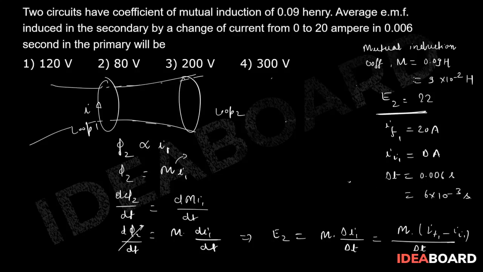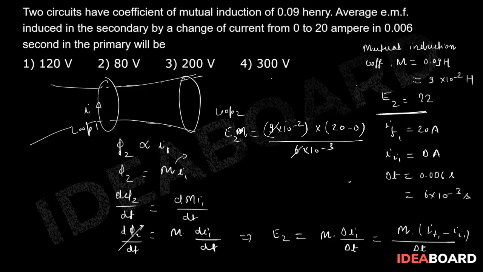We need to find E2. So E2 will be equal to M value, 9 into 10 to the power minus 2, into I final, which is 20, initial was 0, divided by delta t, which is 6 into 10 to the power minus 3.